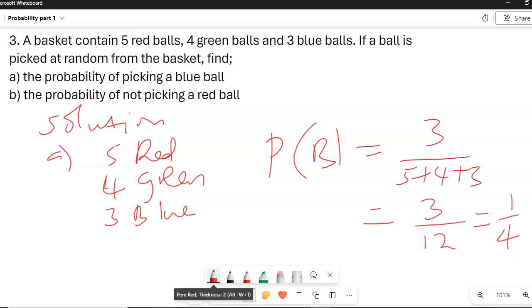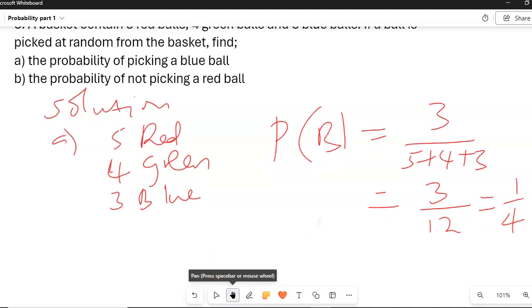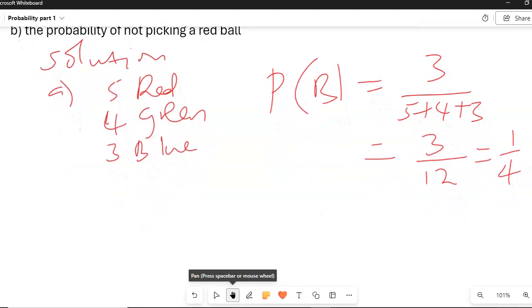Then lastly, we need to answer part B, the probability of not picking a red ball. When we talk about not picking a red ball, we can either pick a blue or a green. In our case, the red balls are 5.